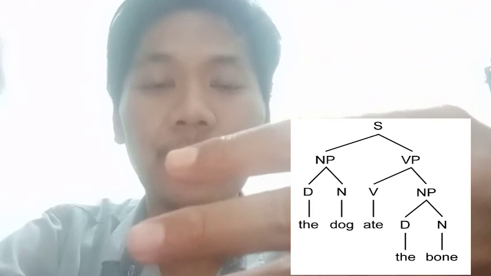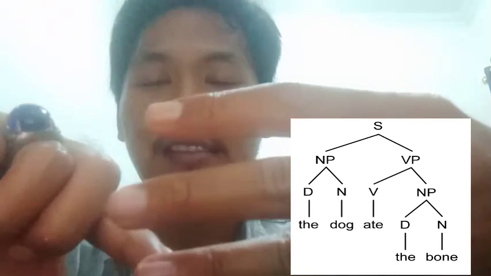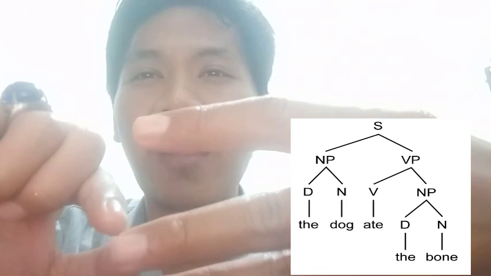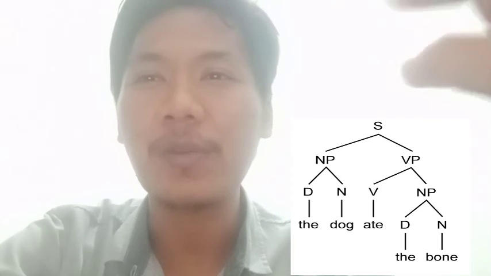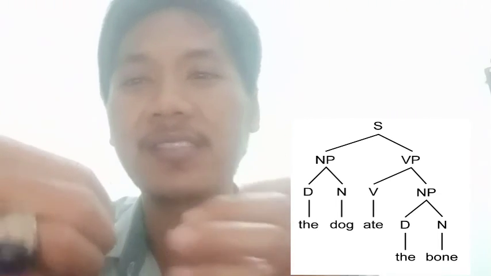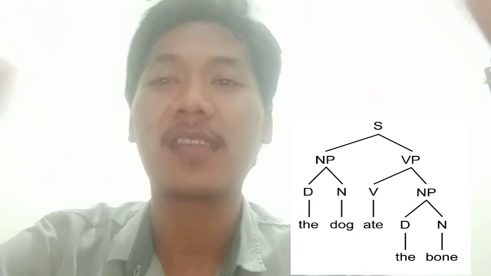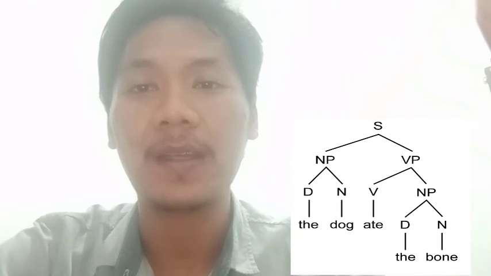So there are three: ate as the verb, the as the article, and bone as a noun. So you can see the tree diagrams use minimal symbols and little complex jargon, yet clearly illustrate how each of these words relate to and depend upon each other. Are there any questions about the sentence? So that's how we can draw the diagram like the example beside me.